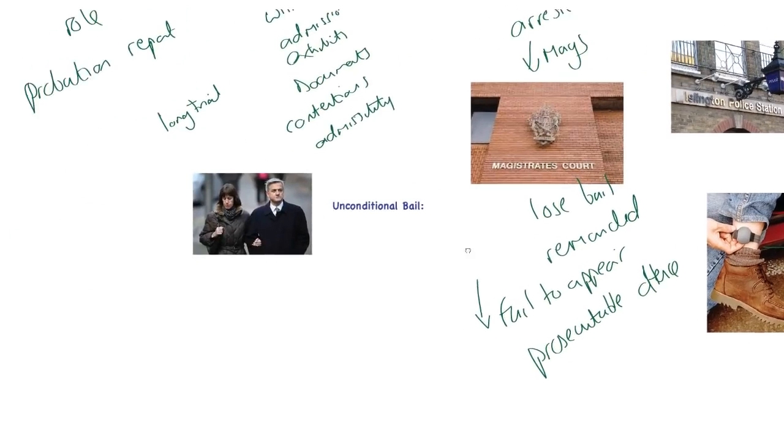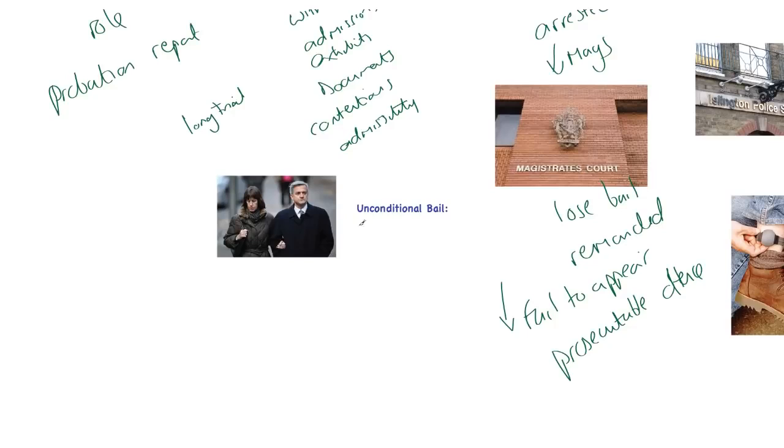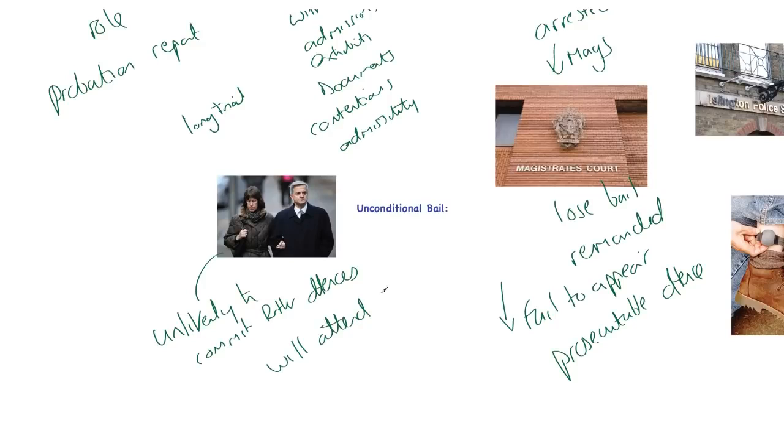Alternatively, the court or the police station could grant completely unconditional bail. If the defendant is unlikely to commit further offences, they will attend court and not interfere with the justice system, then they are normally released on unconditional bail.